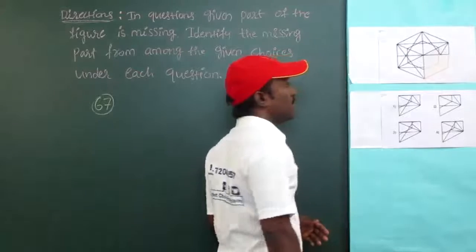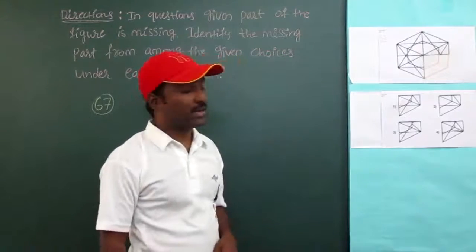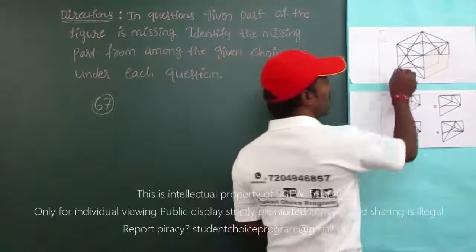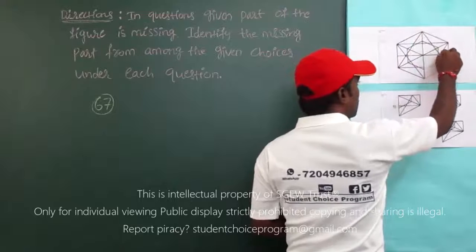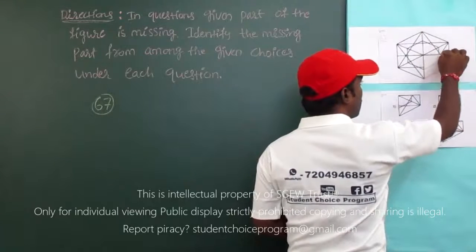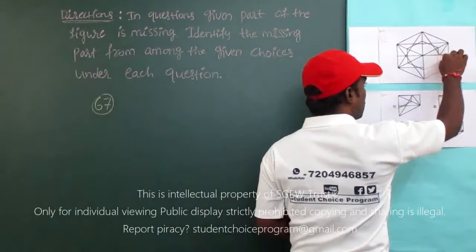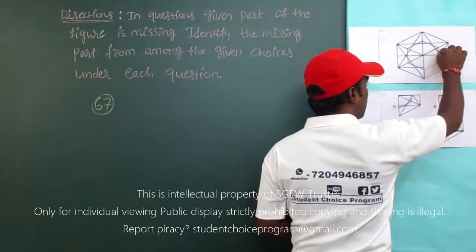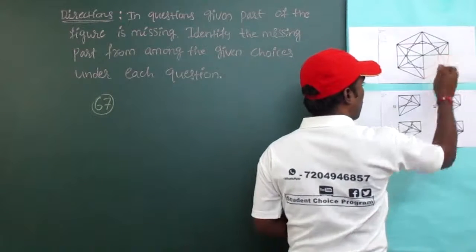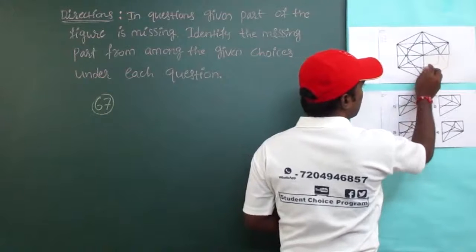Okay. Next I am having a triangle and this triangle is here. So this line should meet this point. Okay. Now this line has to meet the same point.